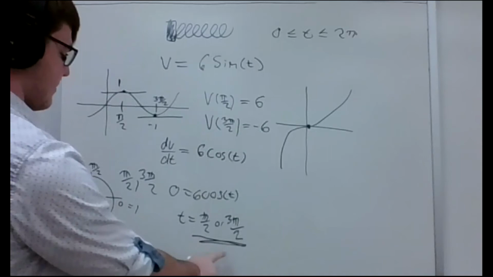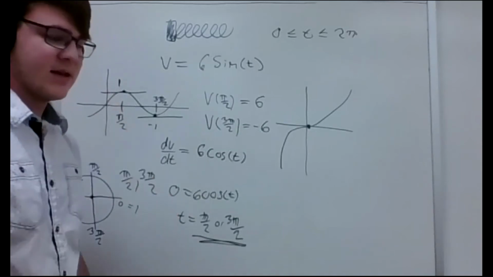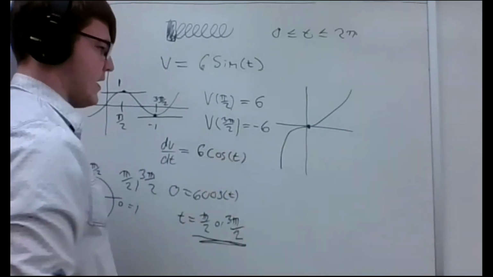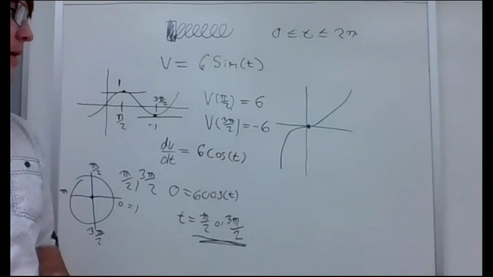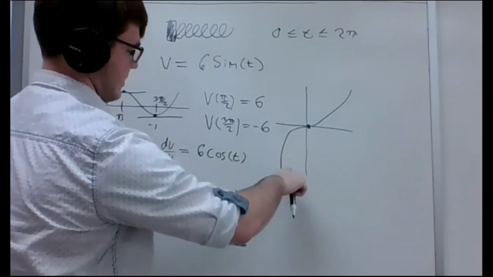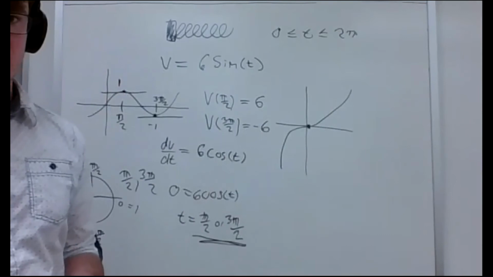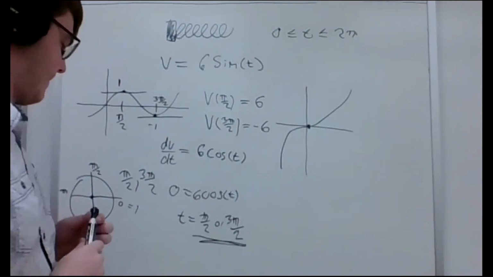So in this case, one's a min and one's a max. But in some cases, you'll get a point of inflection, where it changes from negative to positive, but is not either a min or max.